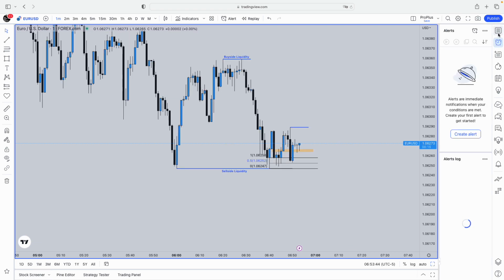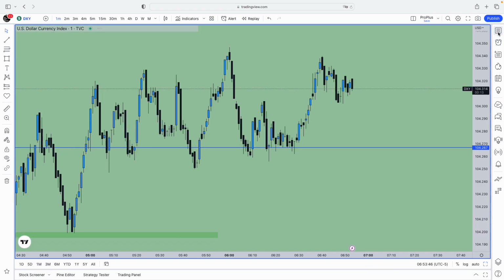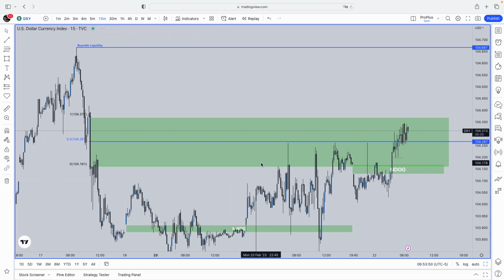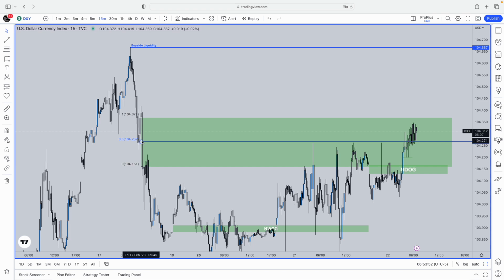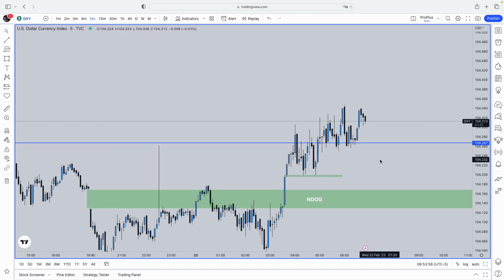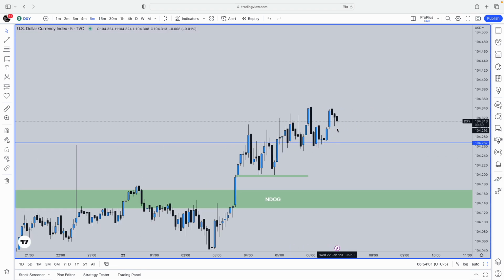See what dollar's saying. So obviously it was in this CE here. Consequent encroachment, showing support. Showing support here, push up higher, buy side liquidity here.